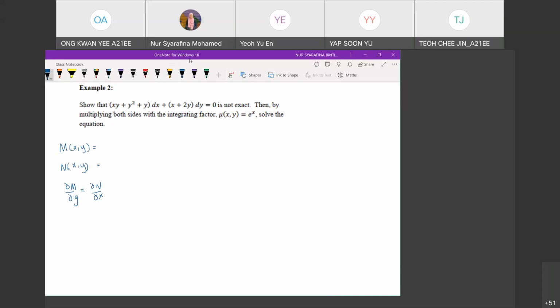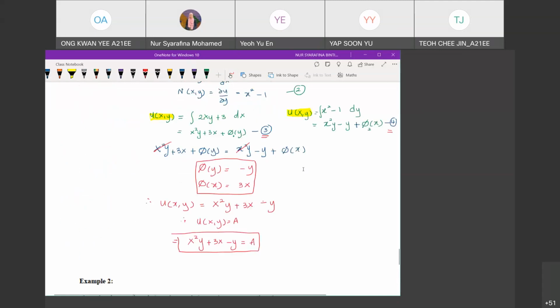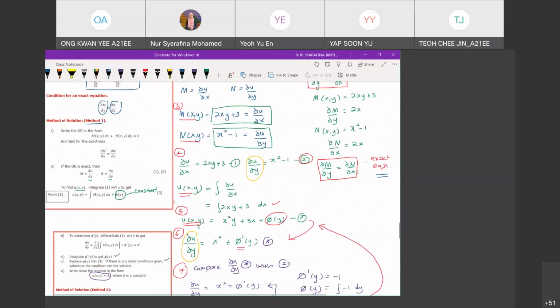So if these are not equal, then it is not exact. Right? What is your M and N here? M is xy plus y squared plus y, and then N is x plus 1. And then differentiate M with respect to y, differentiate N with respect to x, and then check whether they are equal or not.